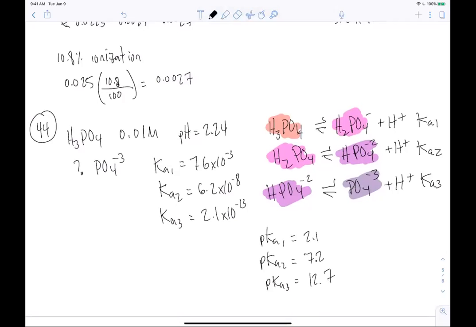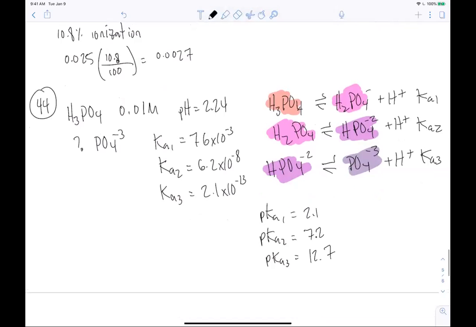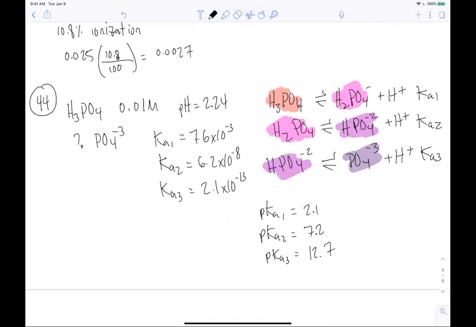So it's asking for, hold on, I forgot what the problem was asking for. Estimate the concentration of PO4 3-, yeah, okay. All right, I remember this one because I said I don't know exactly how to do this. But let's look at our pH. Our pH is 2.24.